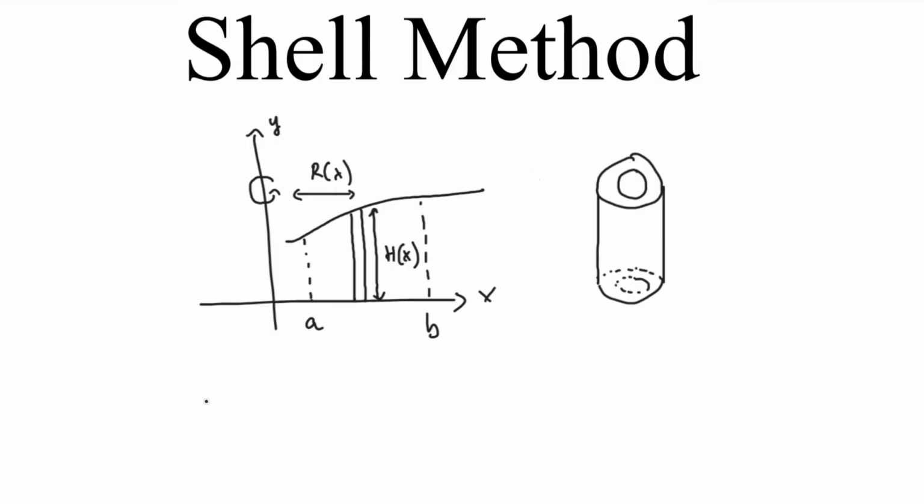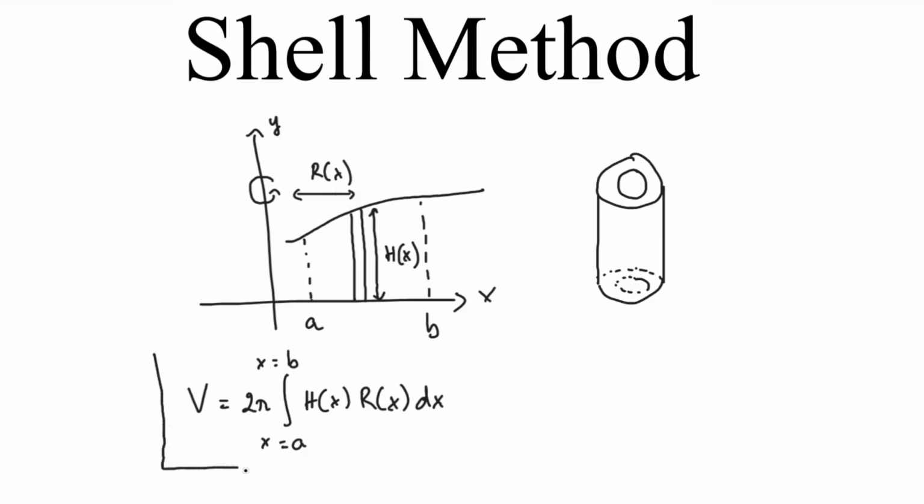So the formula is the volume equals 2 pi, integral for x from a to b, h of x multiply r of x dx. So this is the formula for how to calculate the volume when the region rotates around the y-axis using the shell method. So if it's rotating around the y-axis, the formula is going to be in terms of x.